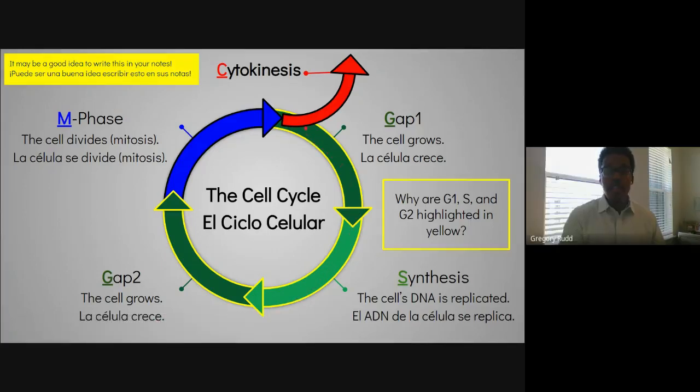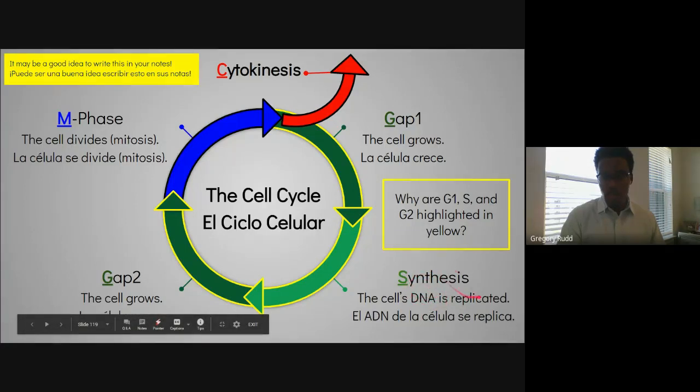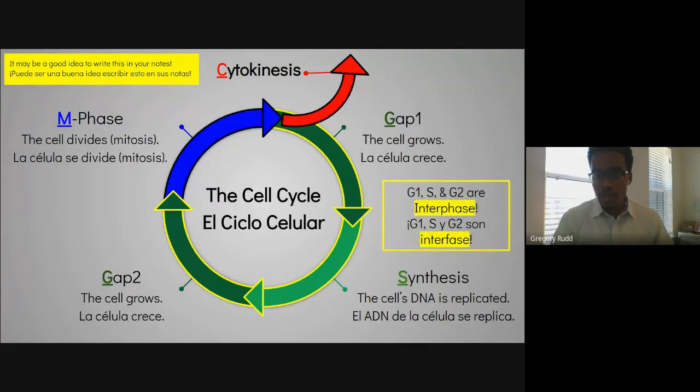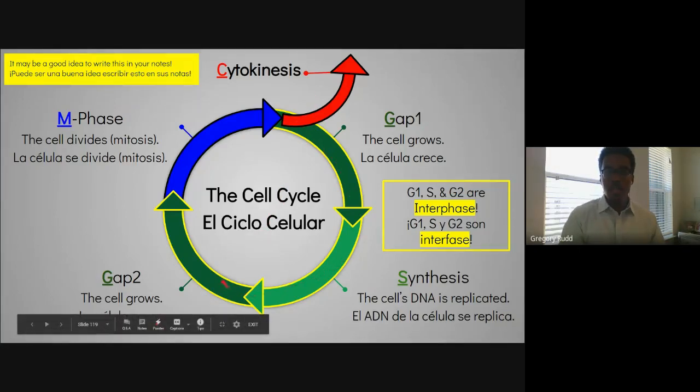Okay, so it is a very important phase, especially synthesis, which is when the DNA is replicated. Any other reason? Why would they be highlighted? It's the longest. And so what is that longest phase called? Interphase. Interphase, excellent. So they're highlighted yellow because they're all parts of the same phase. They're all parts of interphase.